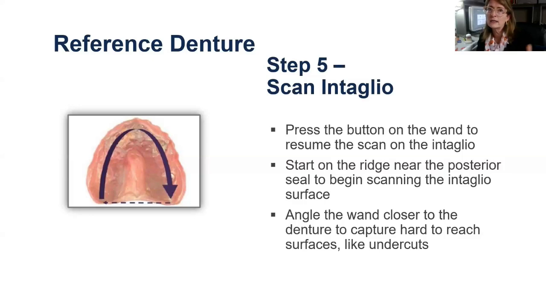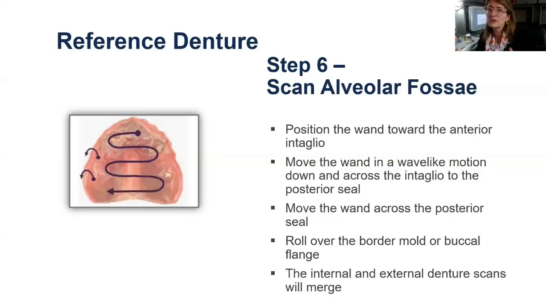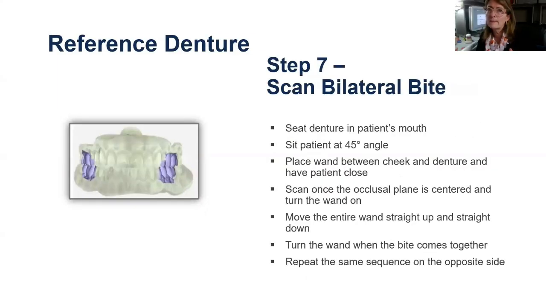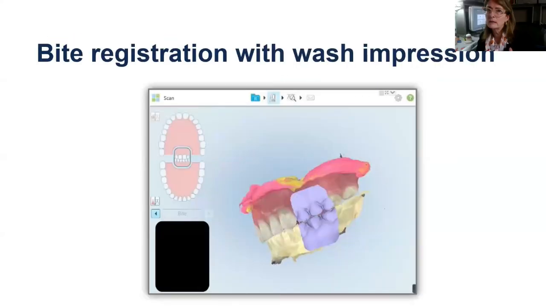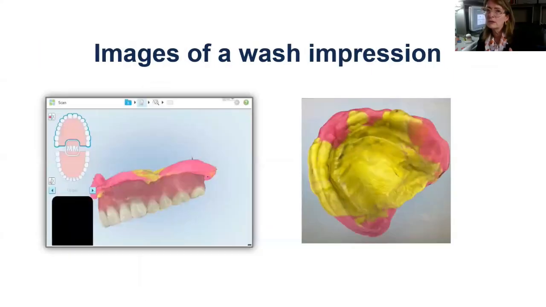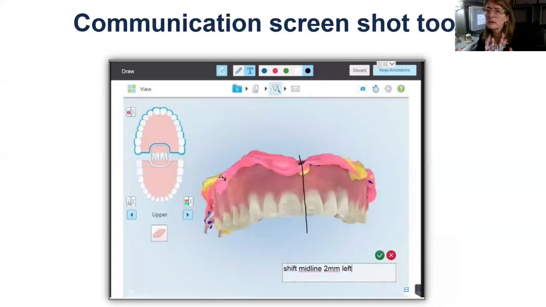And we find that it merges the cameo and intaglio sections best that way. And finishing with that bilateral bite. And that is a screenshot of the wash impression. Right, here's some images there.